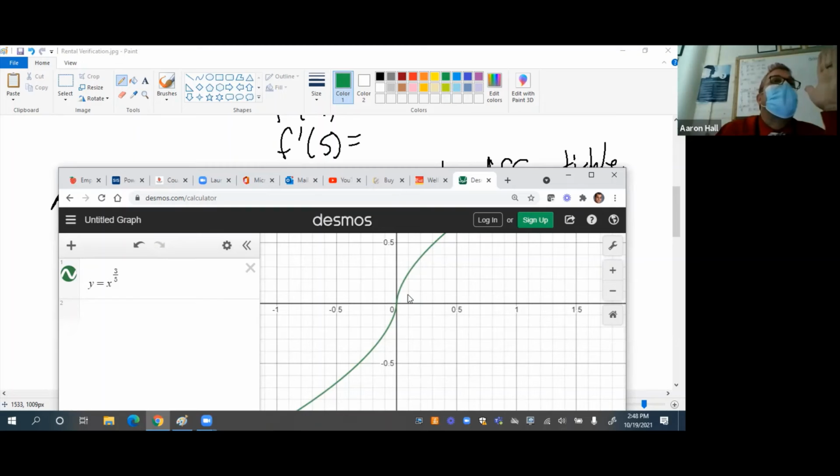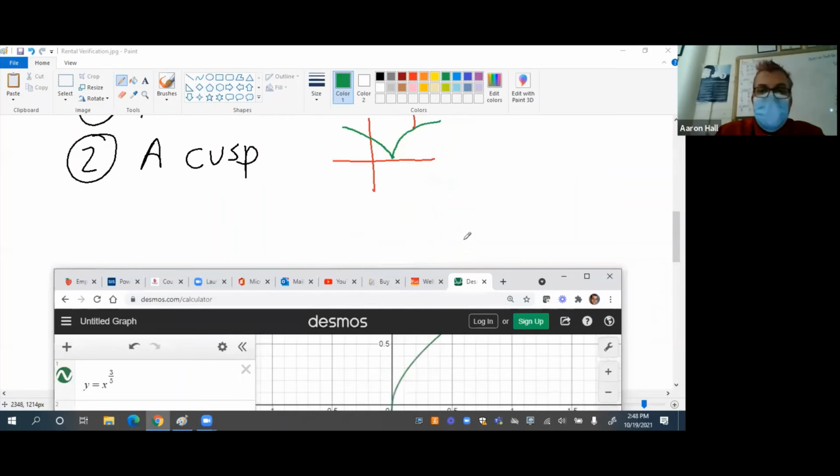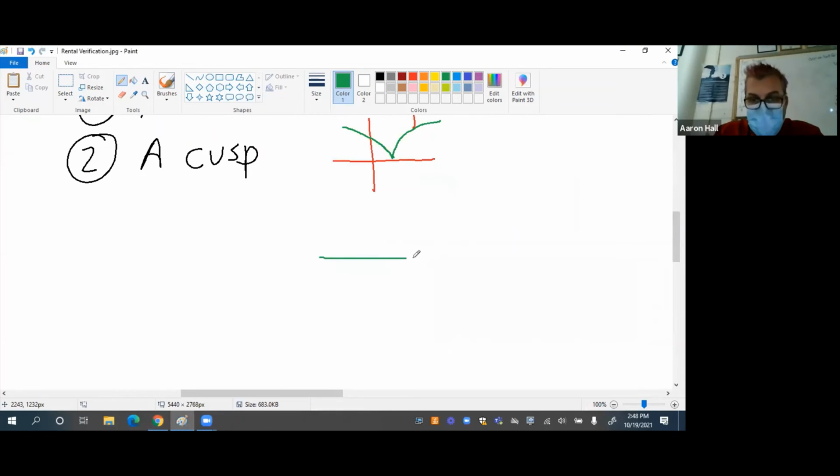What's the slope of a vertical line? Is it zero? I would say that this line here has a slope of zero, because if I had a marble, what direction would the marble roll? It wouldn't, because there's no slope. What about a vertical line?